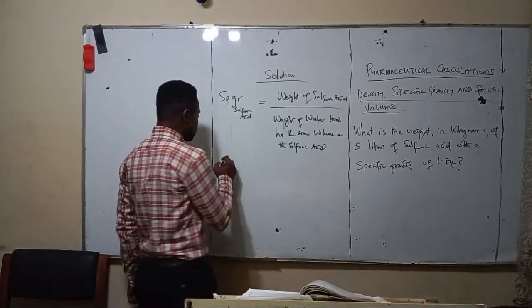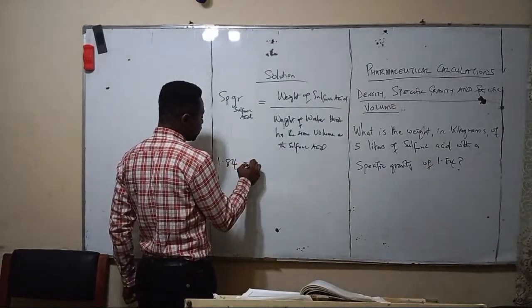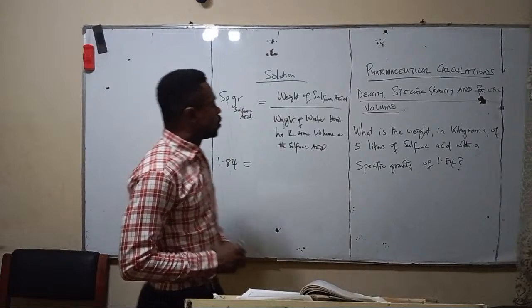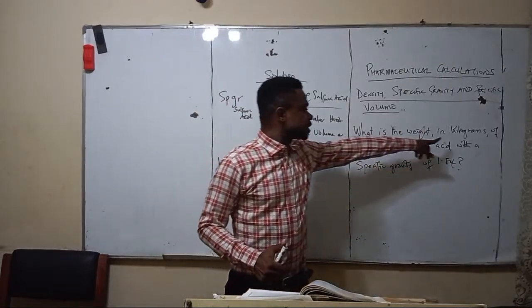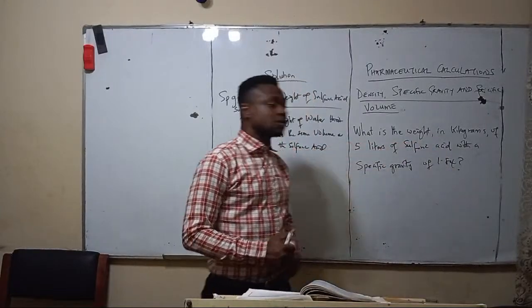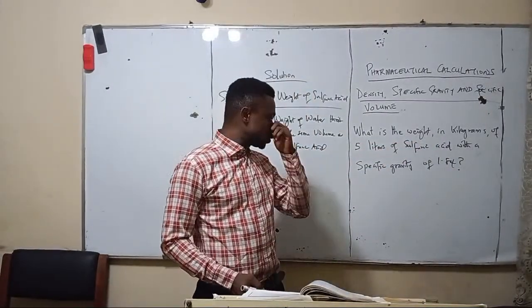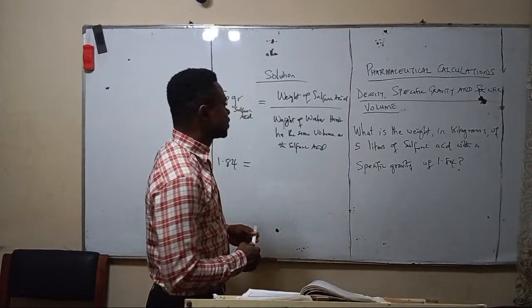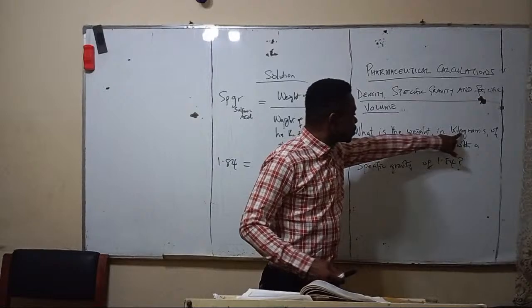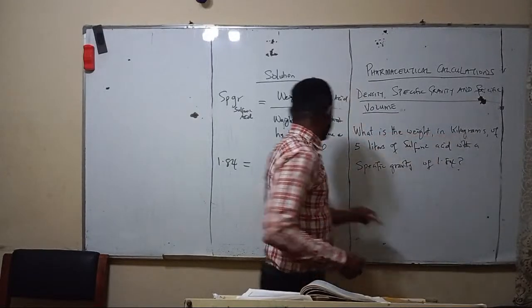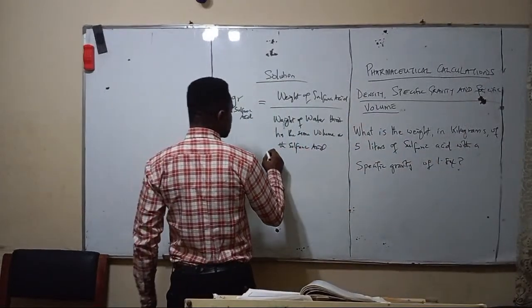So 1.84 is equal to the weight of sulfuric acid over the weight of an equal volume of water. We are not given the weight of sulfuric acid. We are only told to find the weight of sulfuric acid in kilograms.